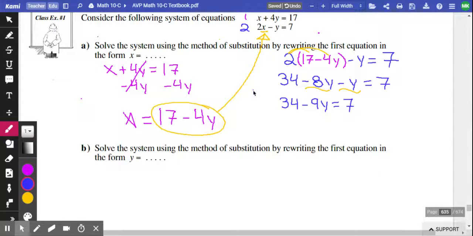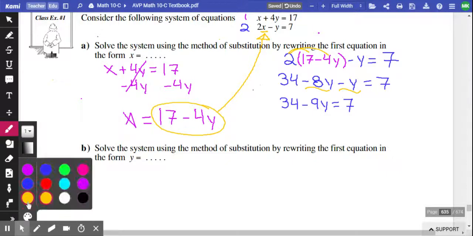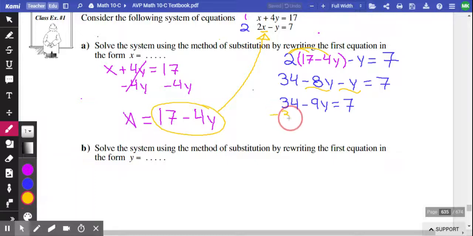Once you've expanded and collected like terms, you now need to try to isolate y. Get y all by itself. To do that, you move things away from the y, starting with anything that's been added or subtracted. I have this plus 34 out here. I need to subtract 34 from both sides.